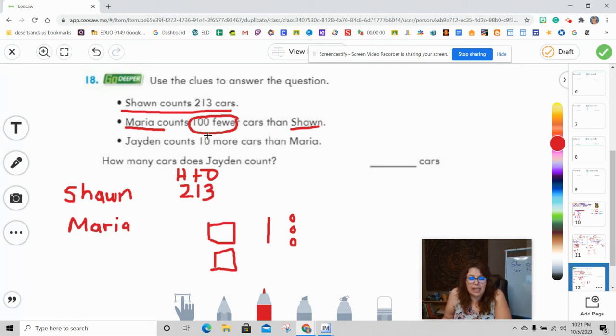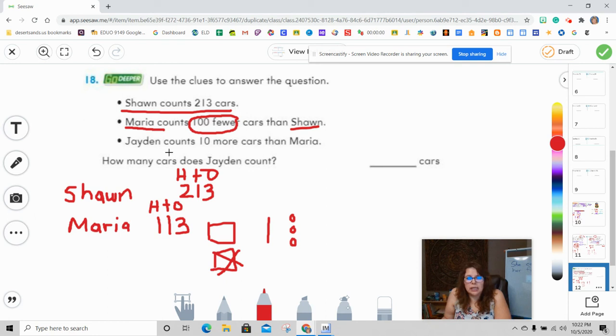That means I have to take away 100. So 100 is one of the hundreds, one of the squares. I'm going to cross it out, and then I'm going to say, okay, so Maria has 100, 1 ten, and 3 ones. So now we are back to Maria.